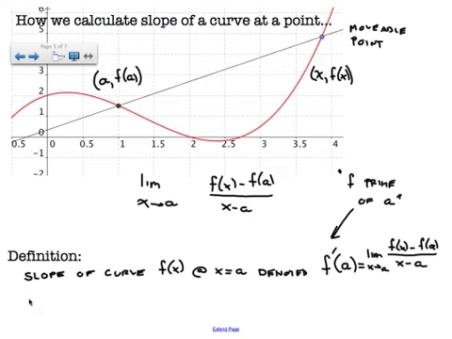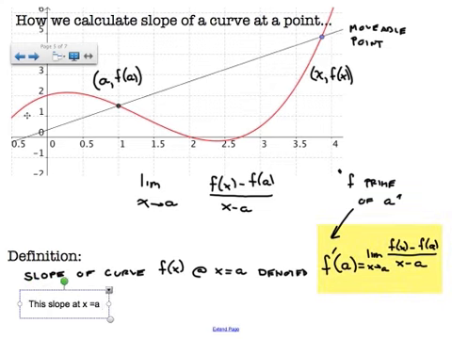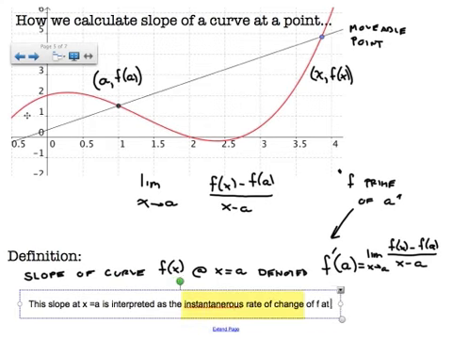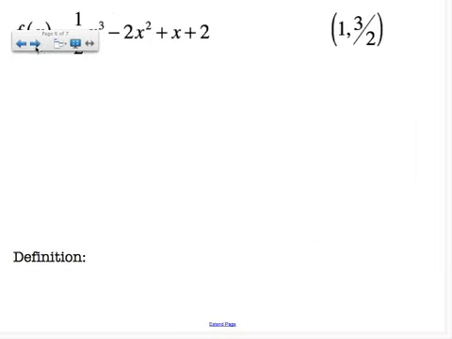So I'm going to go ahead and type this one and say that this slope at x equals a is interpreted, when we start talking about functions having some real world meaning, and this is where this is going to come into effect, as the instantaneous rate of change of f at x equals a. So in other words, how fast is your function changing right now, right at this moment? Not on average. Let's do an example calculation.